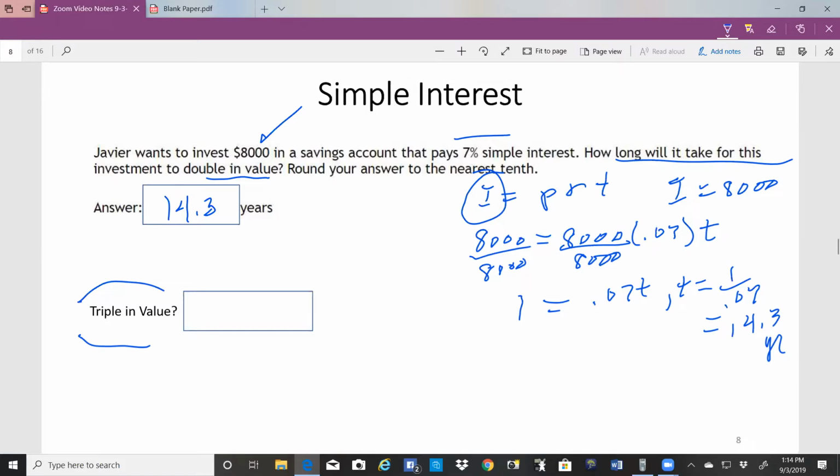Now, obviously, if you double in 14.3 years, you're going to have to take some more time to get triple. So what would the interest have to be so that your interest plus your starting value was triple? I know you guys can do this.